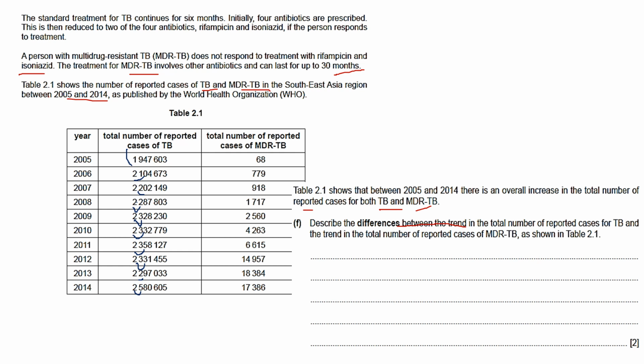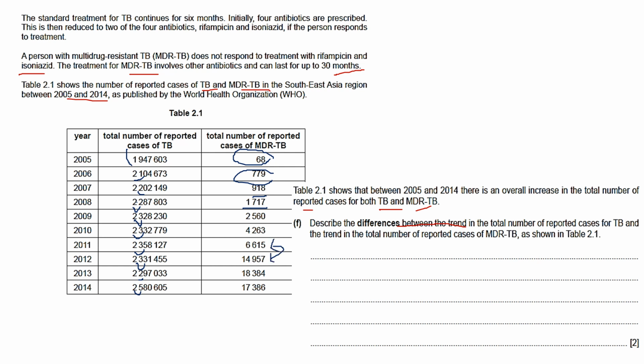So the difference here is that there isn't a large jump in the number of cases that you're observing. But if you look at MDR-TB, you start with 68, and then you go up to 779, and then it's 918, 1,717. And you can see that the figures at this point between 2011 and 2012, the figures more than double.